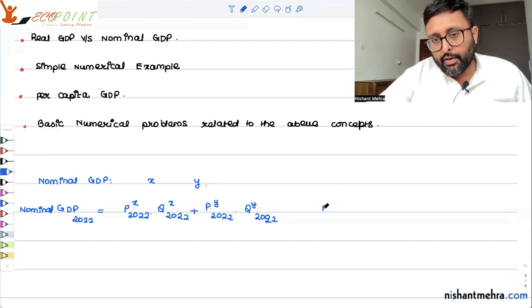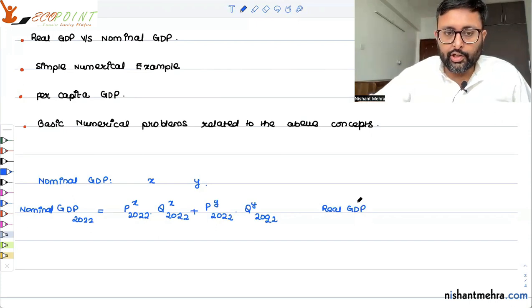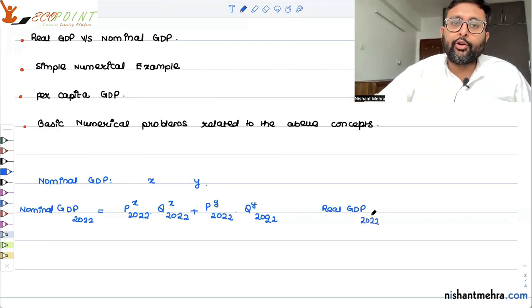What about real GDP? Real GDP for 2022. Let's say we take 2019 as the base year. So we are going to look at what is going to be the value of the final goods and services which are produced in the economy in 2022, but we are going to take up the prices in 2019.